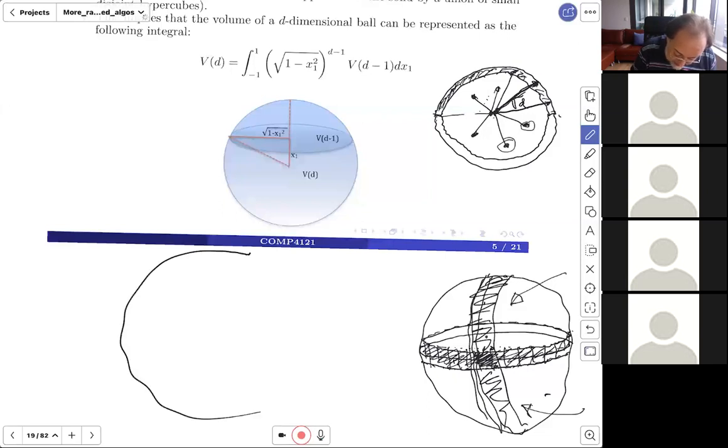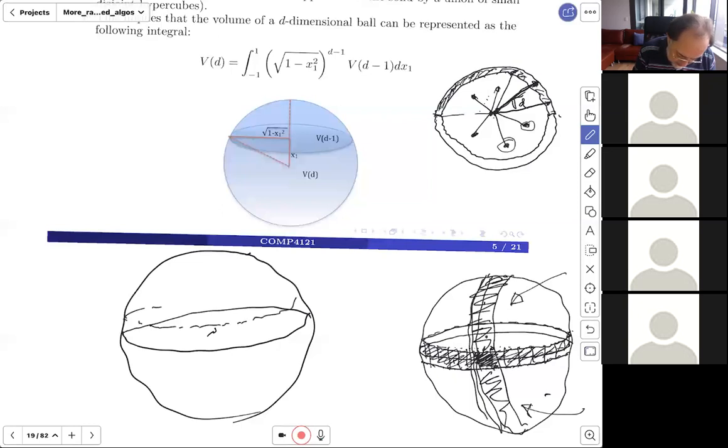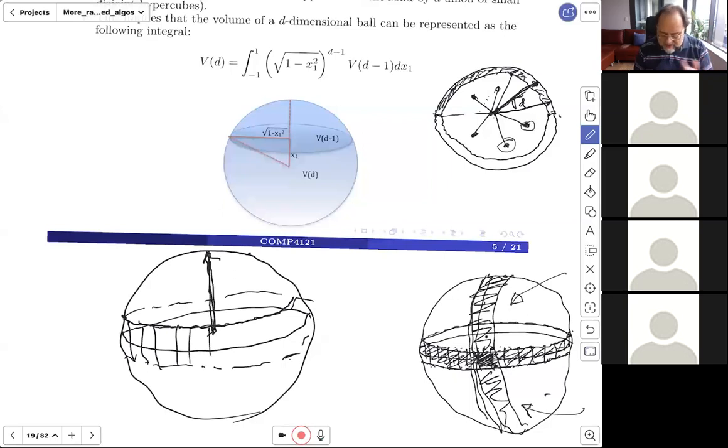So let's see, I'm telling you that if I cut my sphere like this, then with all likelihood my vector, so say I generate one vector and I can rotate my sphere so that it's pointing towards the north, okay? And now I generate another vector.